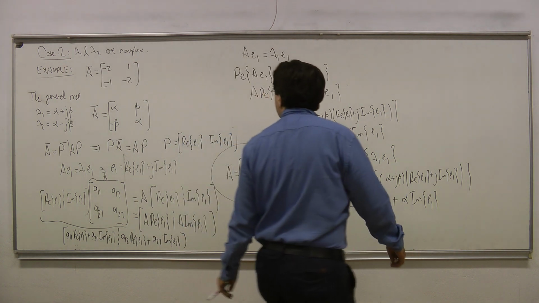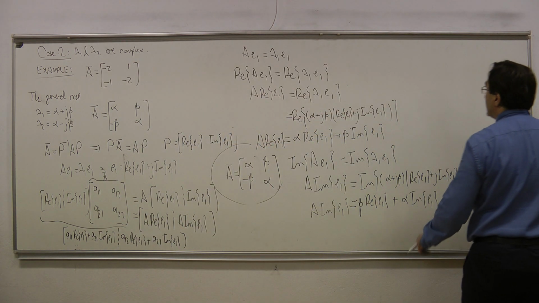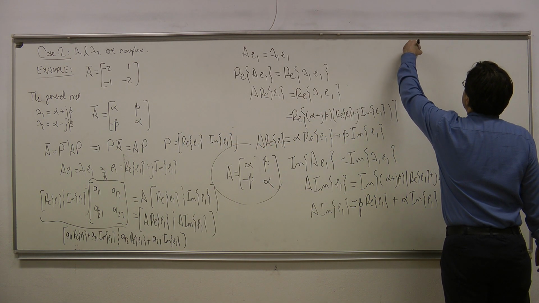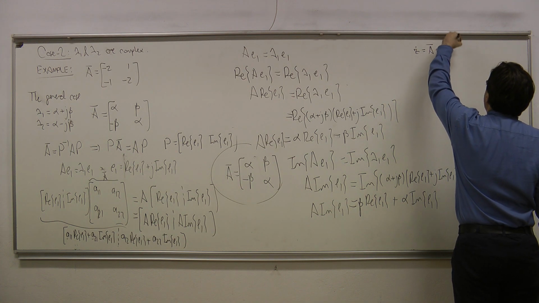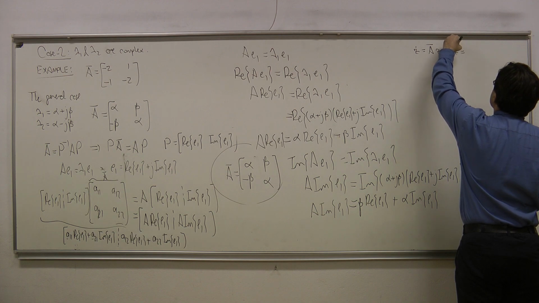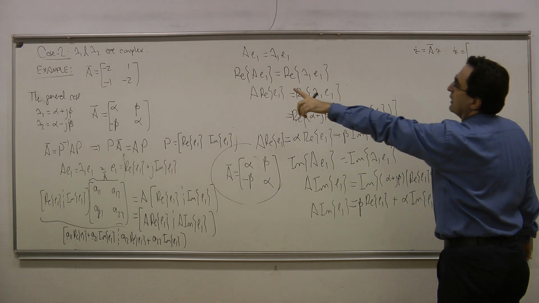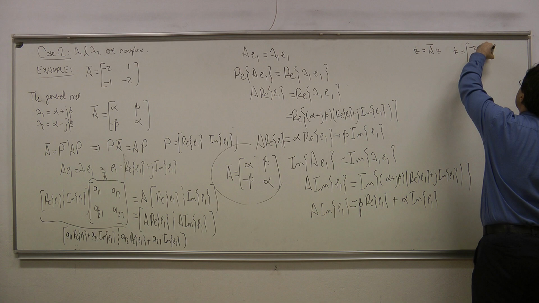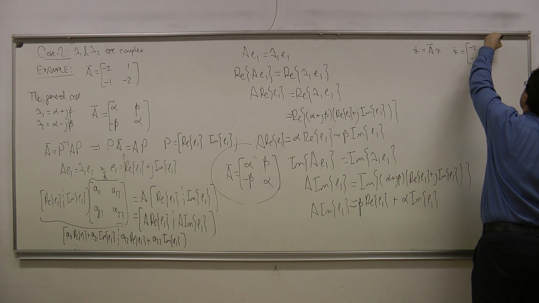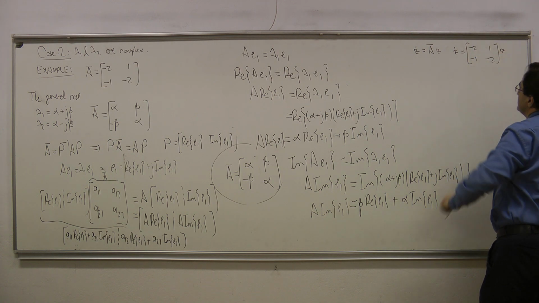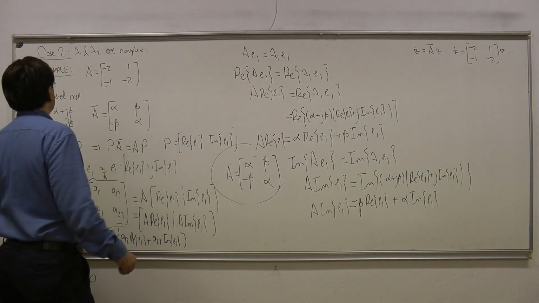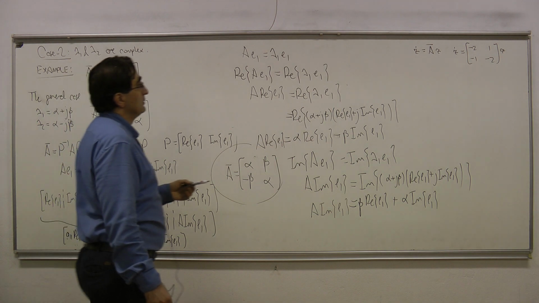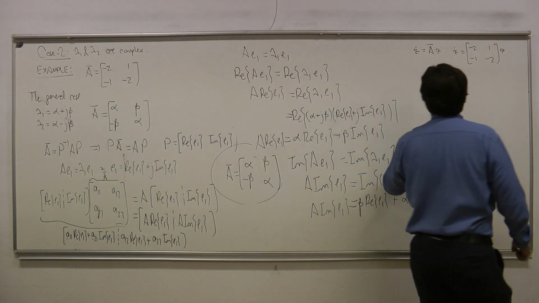So let me try to write our results here. I have Z dot is equal to A bar times Z, and Z dot is therefore equal to, I have minus 2, 1, and minus 1 times Z. Okay? And this is the case for the general case.